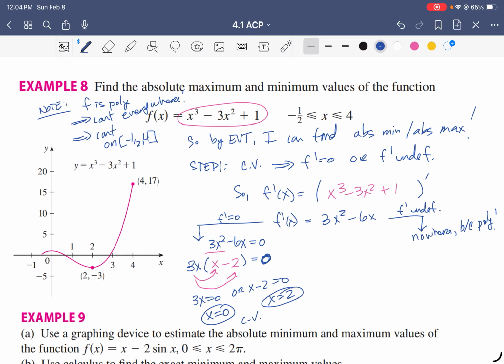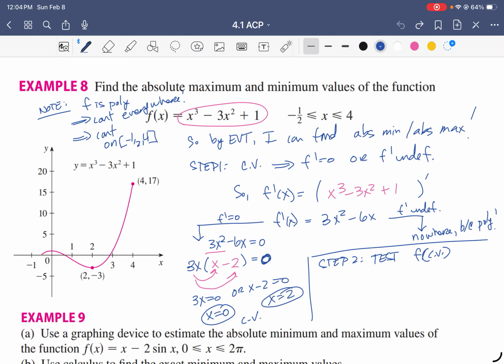So step 1 was to find the critical values, and step 2 is going to be to test f of the critical values. You plug back into the original function to find where you're the biggest. Are you the biggest or smallest on the critical values? Are you the biggest or smallest at your endpoints?